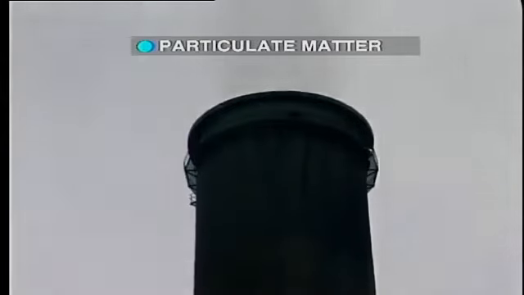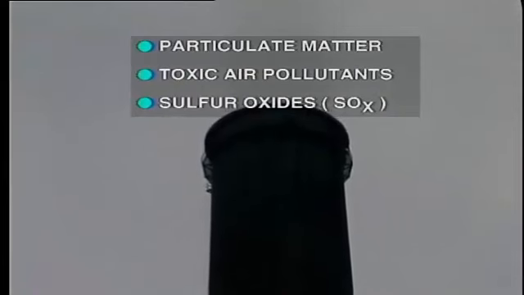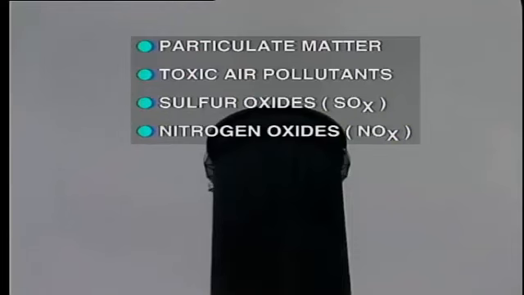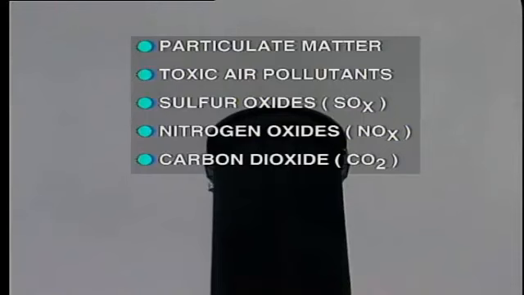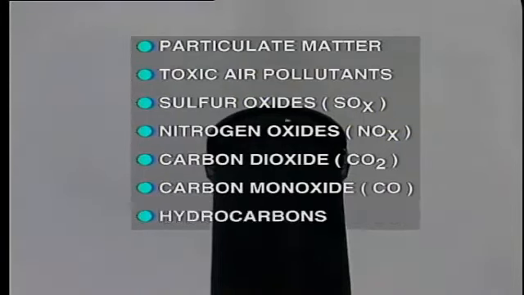The troublesome emissions contained in the flue gas include particulate matter, toxic air pollutants, sulfur oxides, that is SOx, nitrogen oxides, that is NOx, carbon dioxide, or CO2, carbon monoxide, or CO, hydrocarbons, vapor emissions. Let's take a closer look at the effect of each of these pollutants.